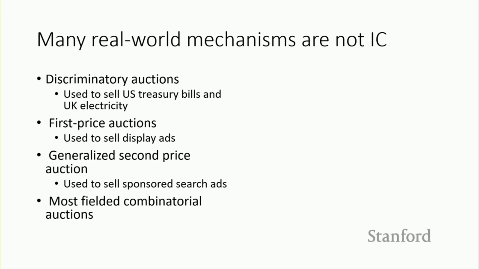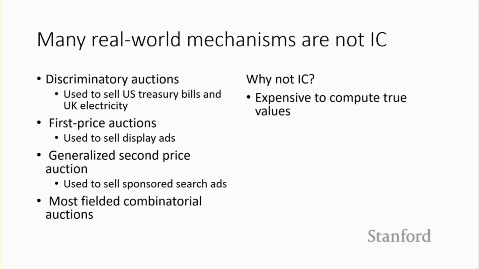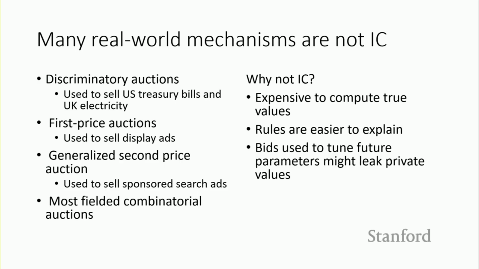Okay. And also lots of other more complex combinatorial auctions and things like that are either known to not be incentive compatible or not known because the analysis is incomplete. Some of the issues include that figuring out the values might be expensive, so this is a computational argument. There are issues with the rules and ease of explaining.